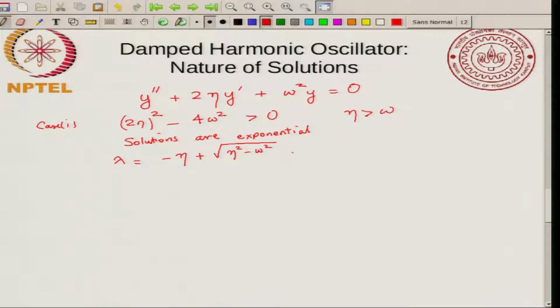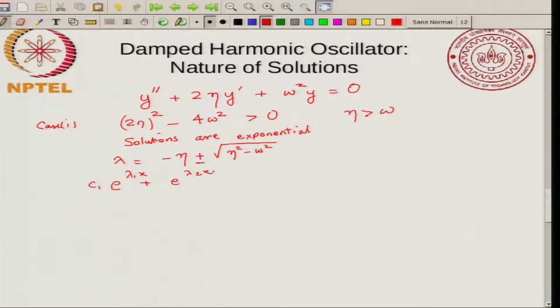Since eta is greater than omega, this solution will be purely exponential. So your solution looks like e to the lambda 1 x plus e to the lambda 2 x. This is the first case.